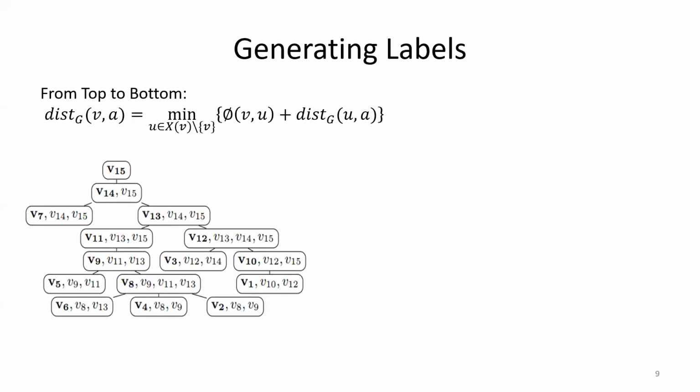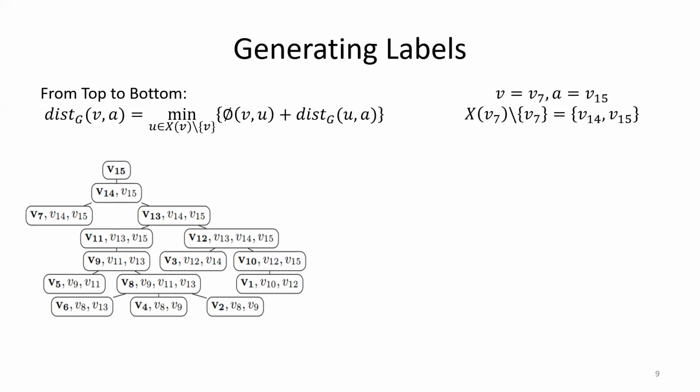Then we can use phi-e to generate labels from top to bottom. In this formula, the distance from V to its ancestor A can be calculated by the minimal length of the path from V to each of its neighbors U and then to the ancestor A.